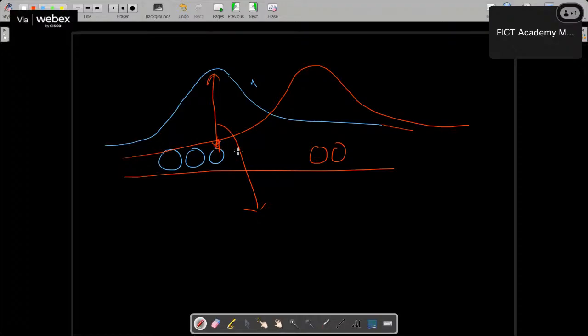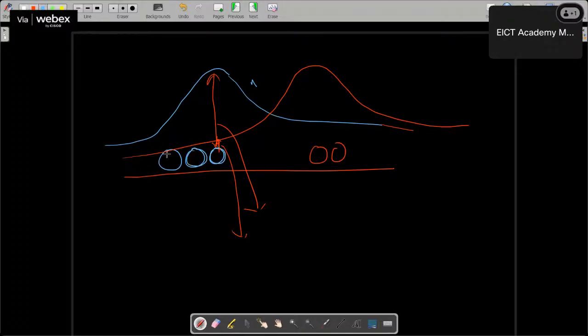This is the likelihood of a data point to become blue, and this one is the likelihood of a data point to become red. Here the density of the data point to become blue is more, so this is a blue data point.